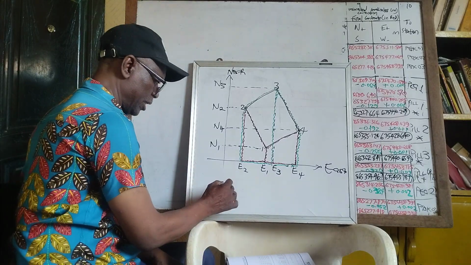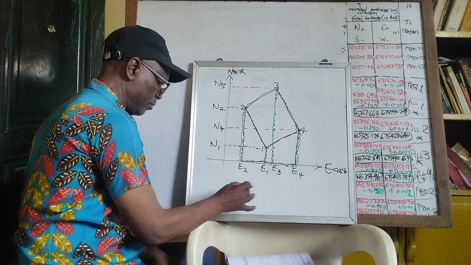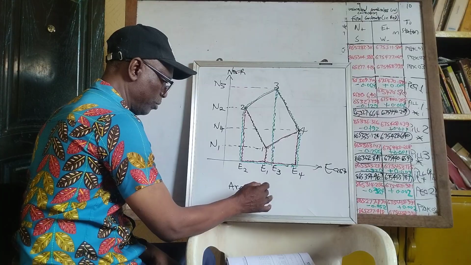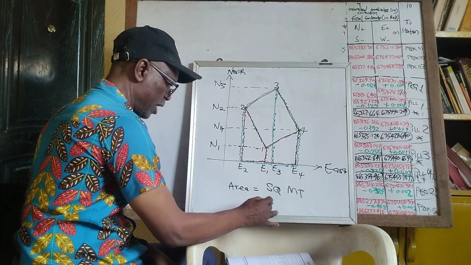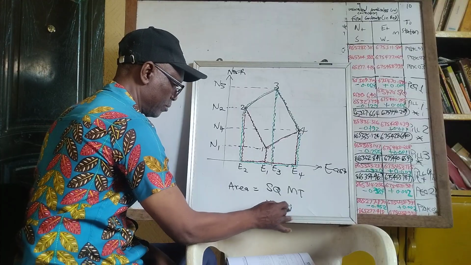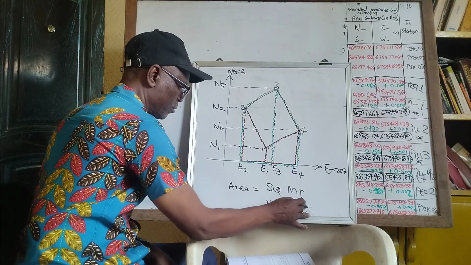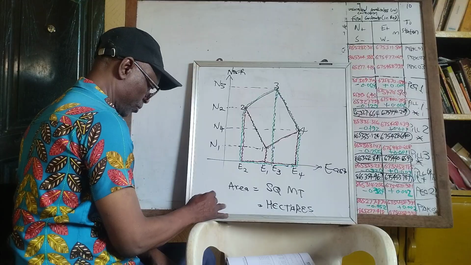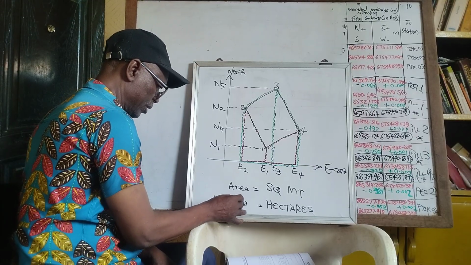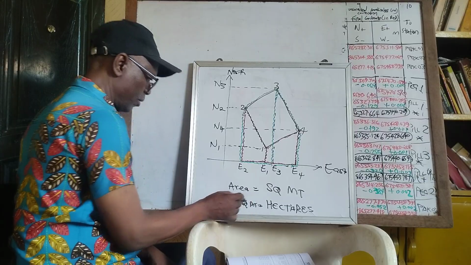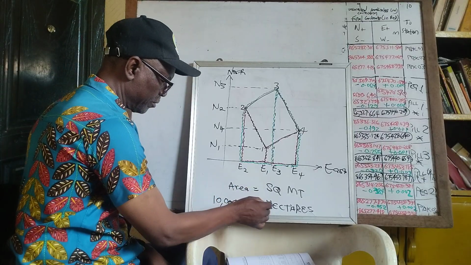And mind you, the unit will be square meters or hectares, knowing fully well that 10,000 square meters is the same thing as 1 hectare.